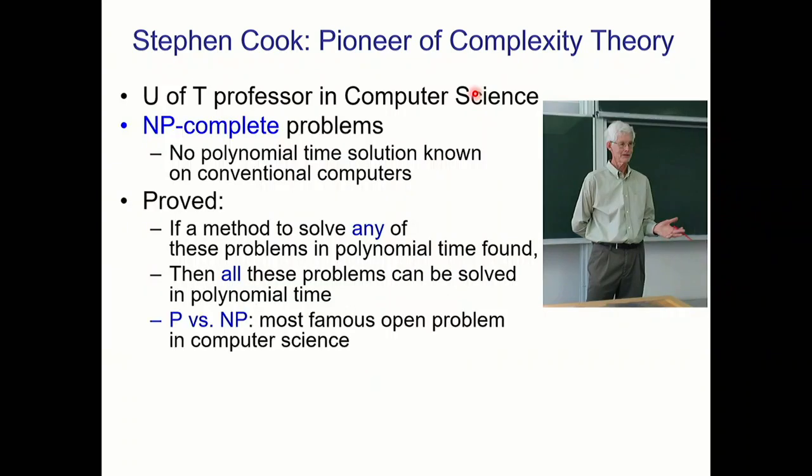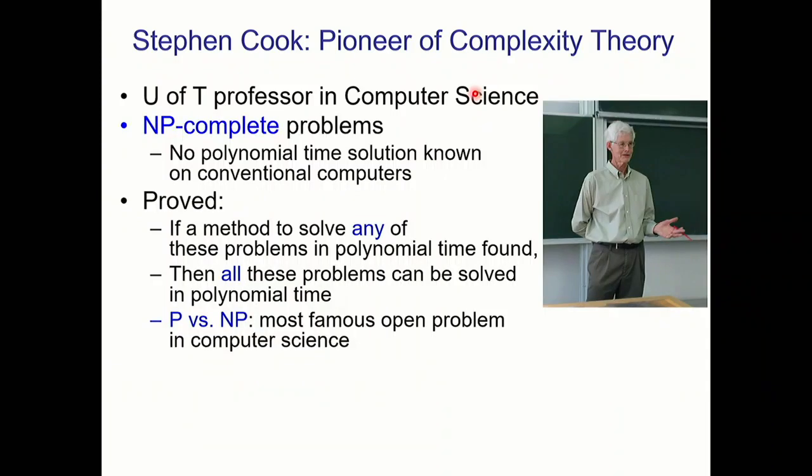And this is a famous debate in computer science called P versus NP. P is the set of all the problems that can be solved in polynomial time, and NP is the set of problems that probably cannot be solved in polynomial time. Okay.